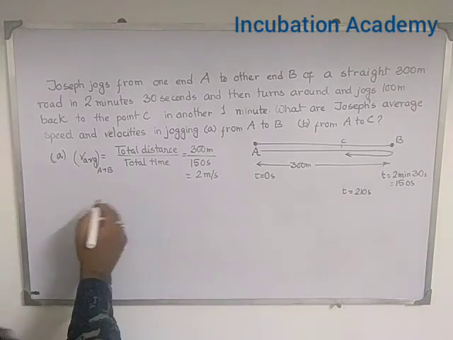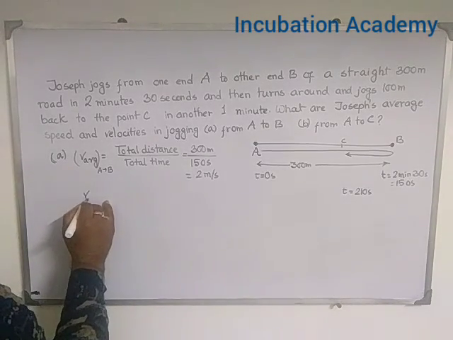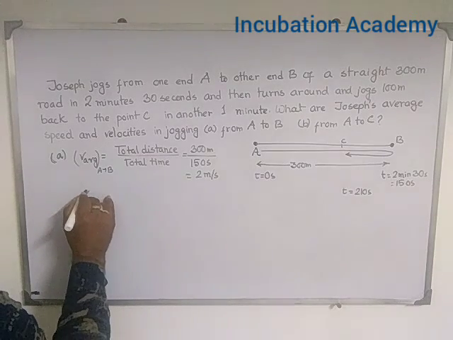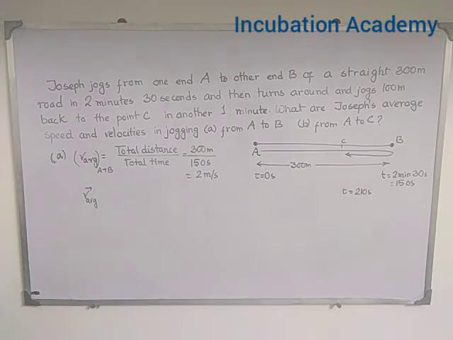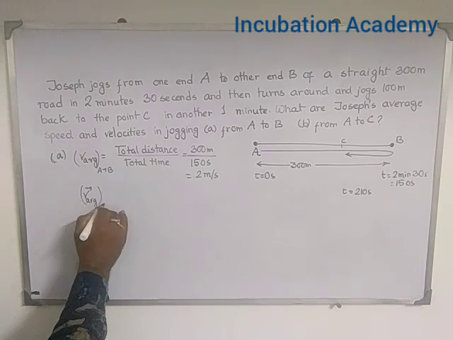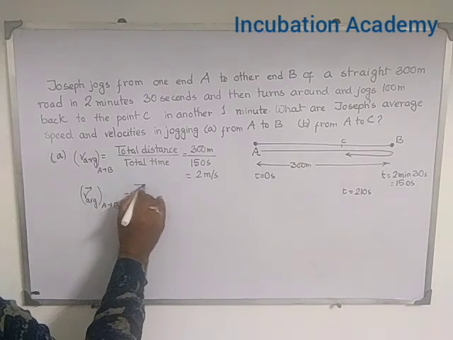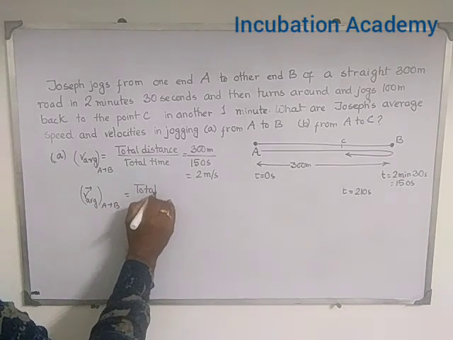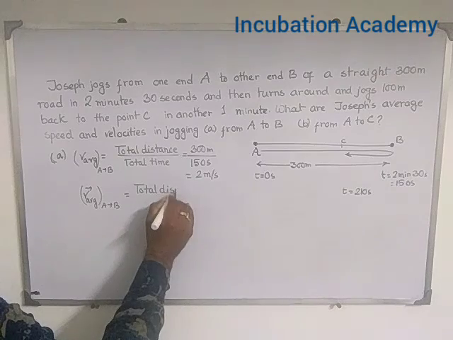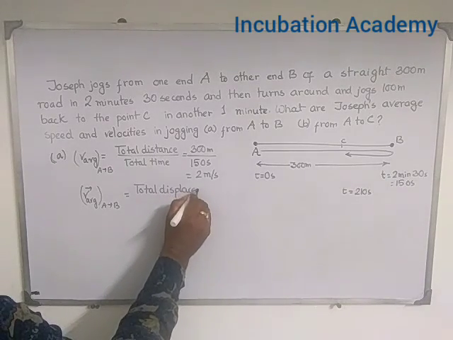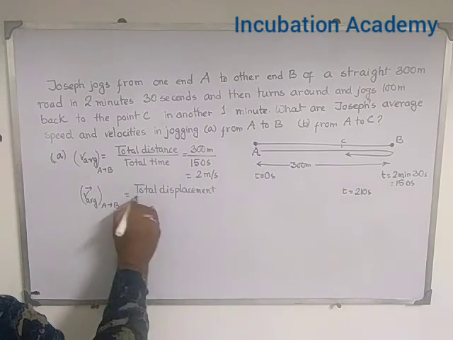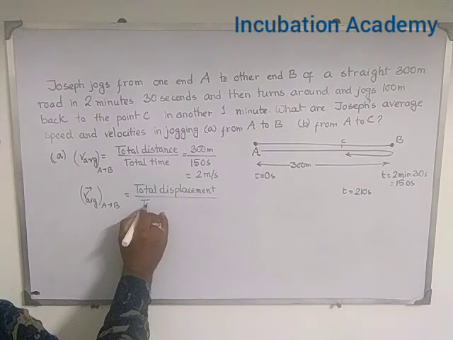Now we are going to find out the average velocity, that is V average. I am putting a vector sign here since the velocity is a vector quantity, and I am finding the average for moving from the point A to point B. So total displacement divided by total time.